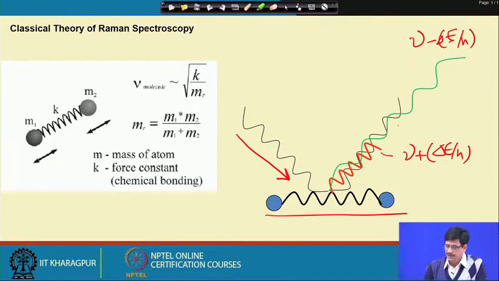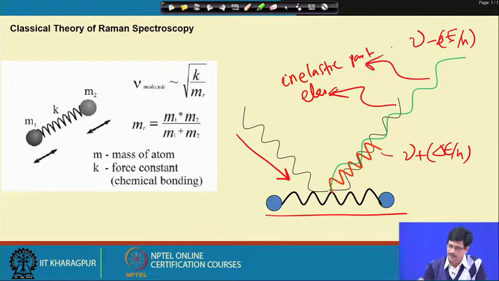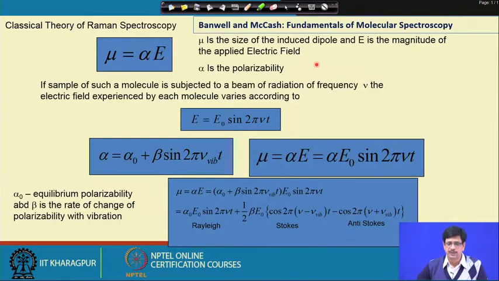So, the waves represented by green and red represent the inelastic part, and the one which is black is the elastic. So, the black is elastic and the green and the red are inelastic. Okay, now we take a little bit of an easier route to understand what exactly happens in elastic and inelastic scattering.